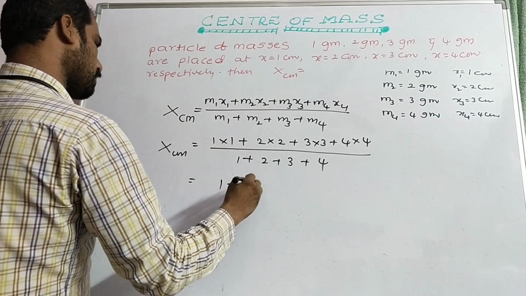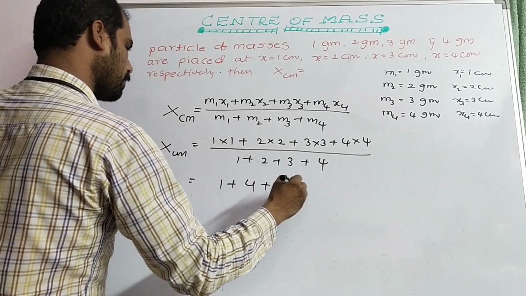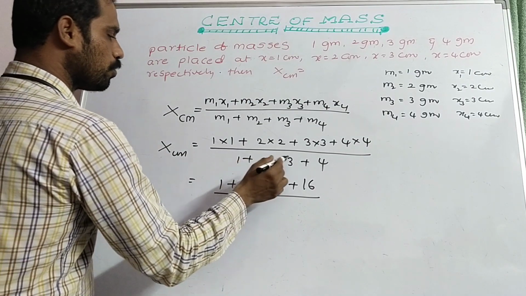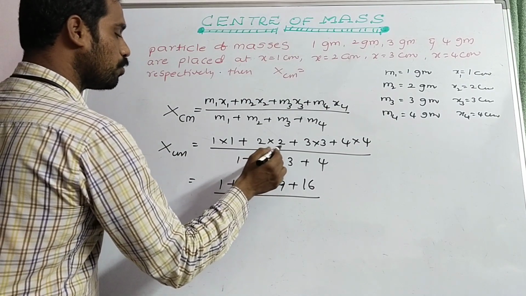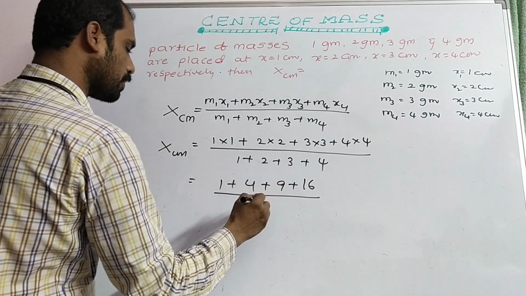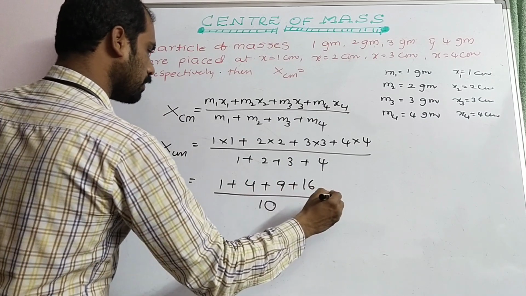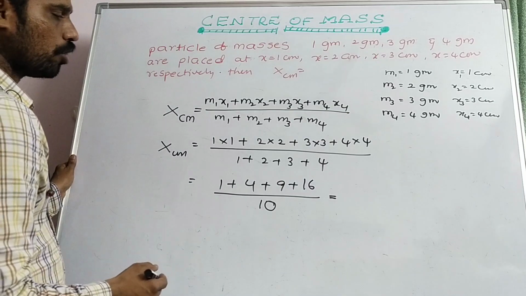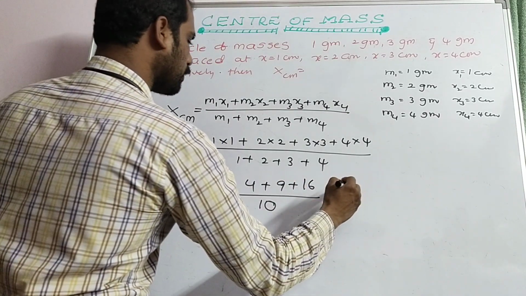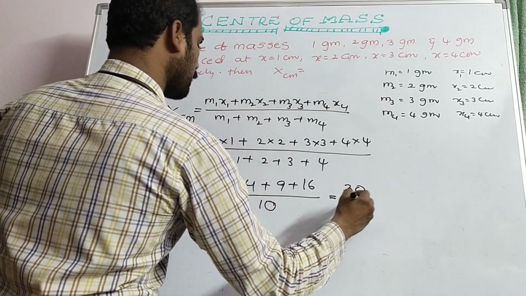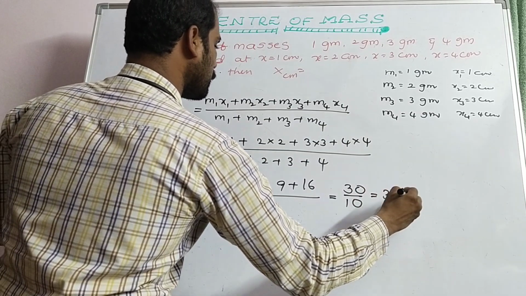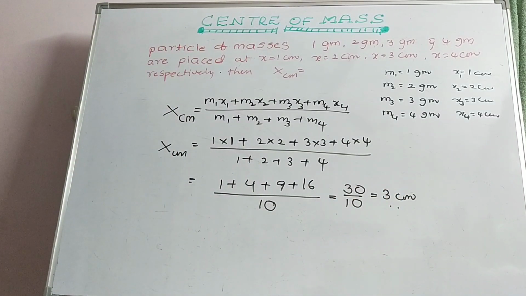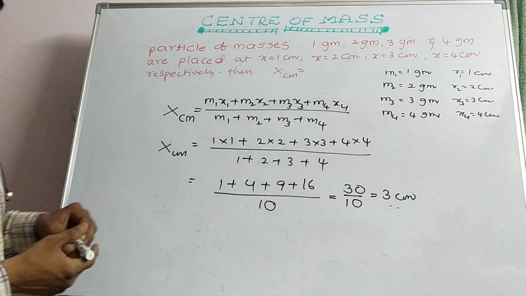That is equal to 1 plus 4 plus 9 plus 16 by 1 plus 2 is 3, 3 plus 3 is 6, 6 plus 4 is 10. That is equal to 5, 16 and 9 is 25, 25 and 5 is 30. 30 by 10 is equal to 3 centimeter. 3 centimeter is the position of the center of mass.